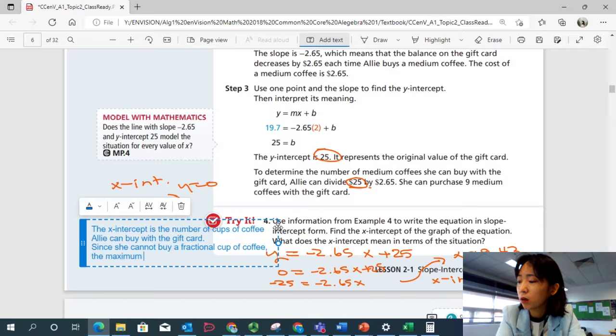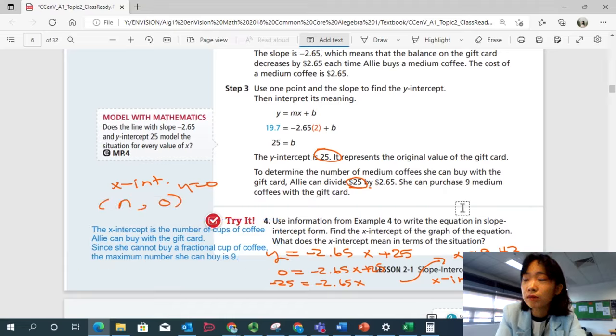The maximum number she can buy is 9. Because can she buy 10 cups? No, she doesn't have enough money to do that. So yes, she will have a little bit of leftover balance in her gift card, but she can only buy 9 medium cups of coffee.